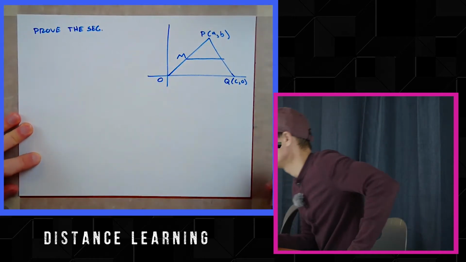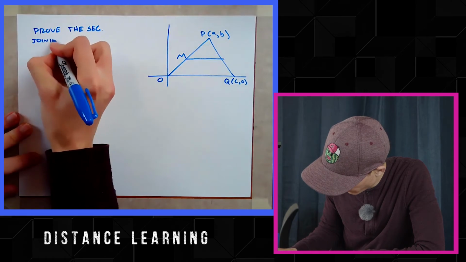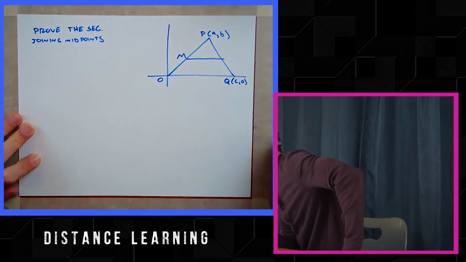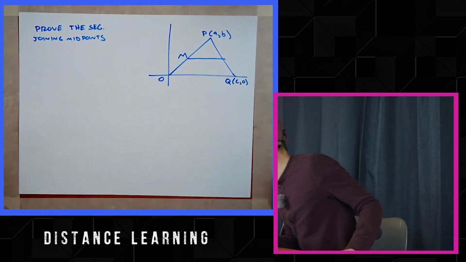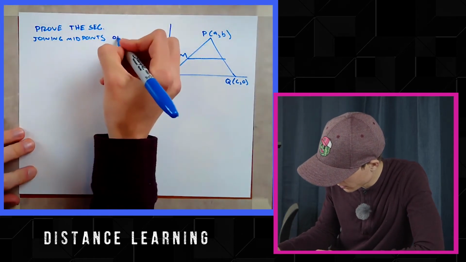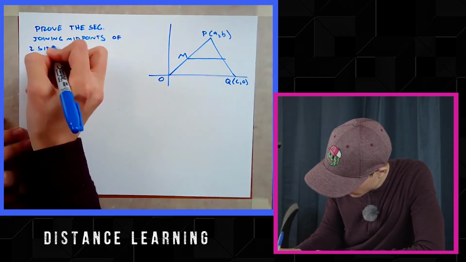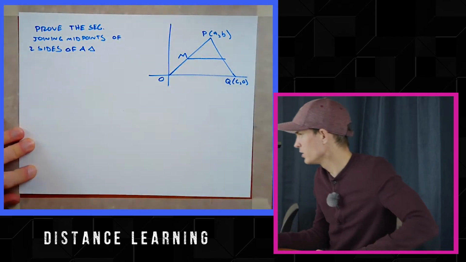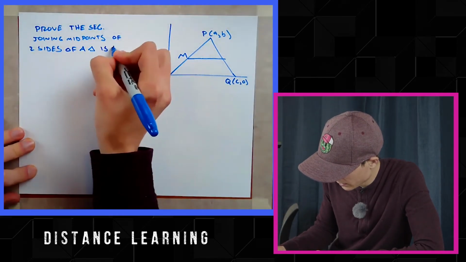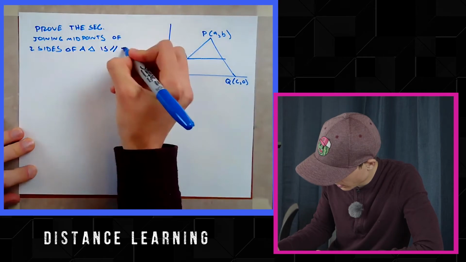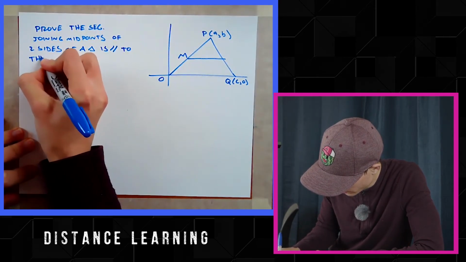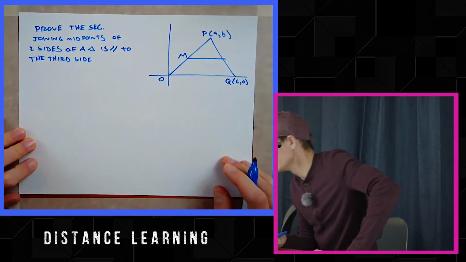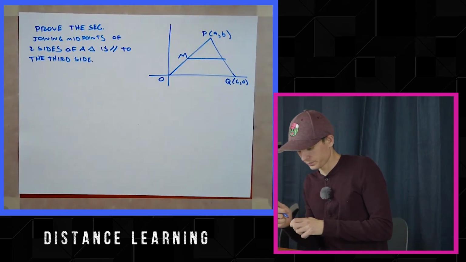The segment joining the midpoints of two sides of a triangle is parallel to the third side. Okay, cool.